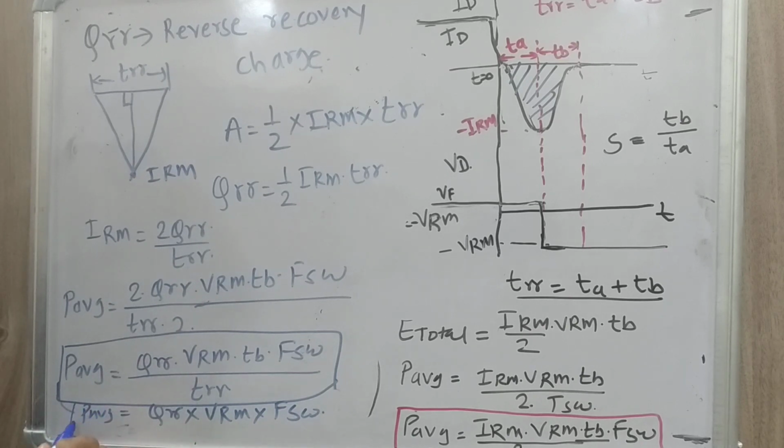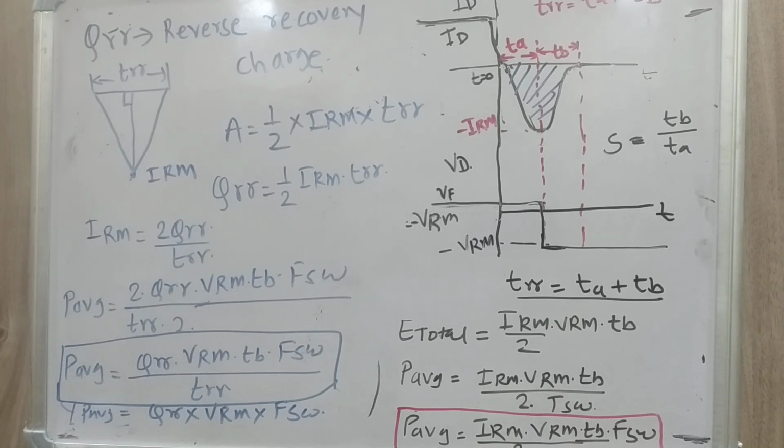But here we are actually overcalculating, because TB is always less than TRR, as TB is just part of the whole TRR. So this ratio is always less than 1. So the earlier equation will give you an accurate result, but this one will give you a higher result. So this is a good approach for calculating the diode power loss.